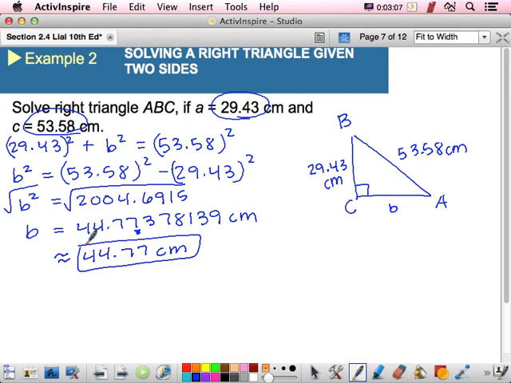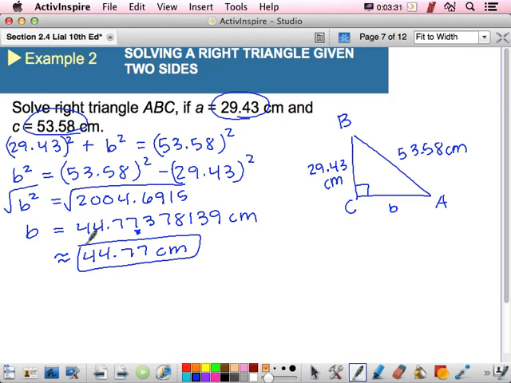Every single angle. No, I know capital C. So I'm really just missing A and B. Which one do you want to find? A? All right, let's try to find capital A. I need to figure out a relationship between capital A and the two things I was given, okay? That's going to be a SOHCAHTOA relationship. That's the only one that involves angles, right? Sine, cosine, and tangent.